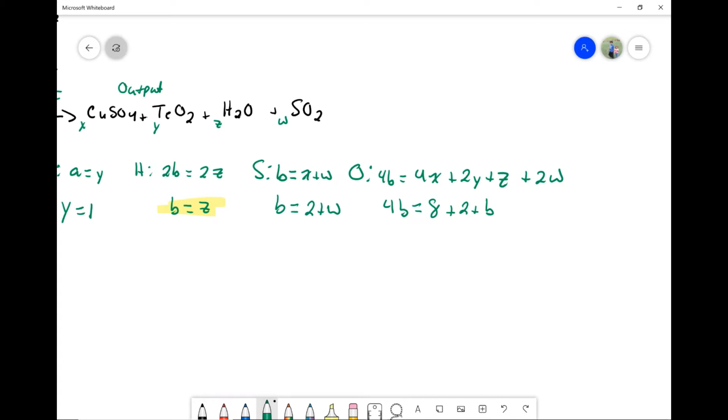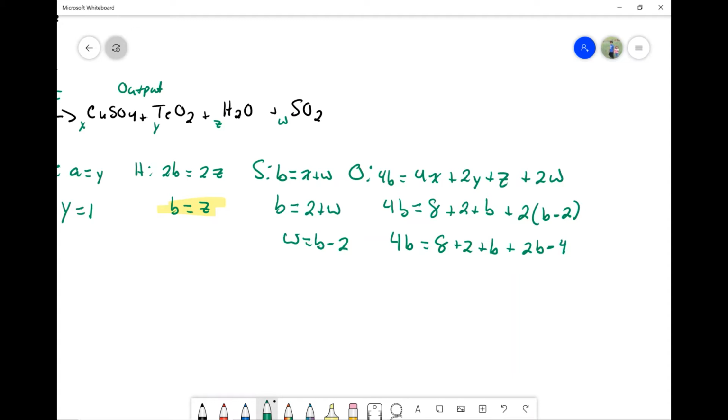W equals b minus 2. 4b equals 8 plus 2 plus b plus 2 times b minus 2. It's always these simple algebras that get me. 4b equals 8 plus 2 plus b plus 2b minus 4.